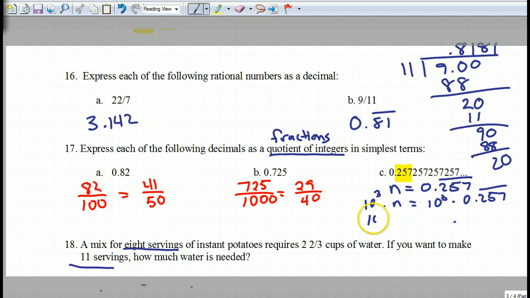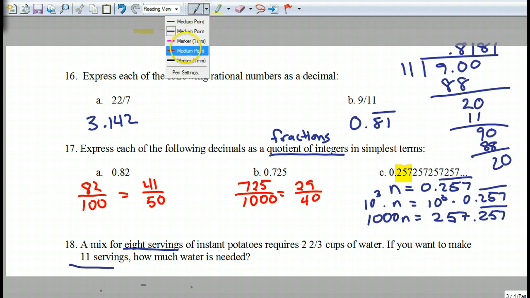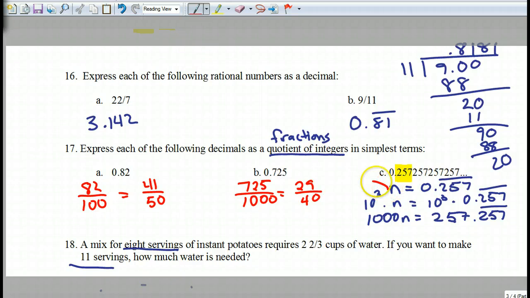So this becomes 1,000n equals 257.257 repeating. Now we are going to take that first equation and subtract it from the second. So I'm subtracting n from that side and subtracting 0.257 repeating from this side.